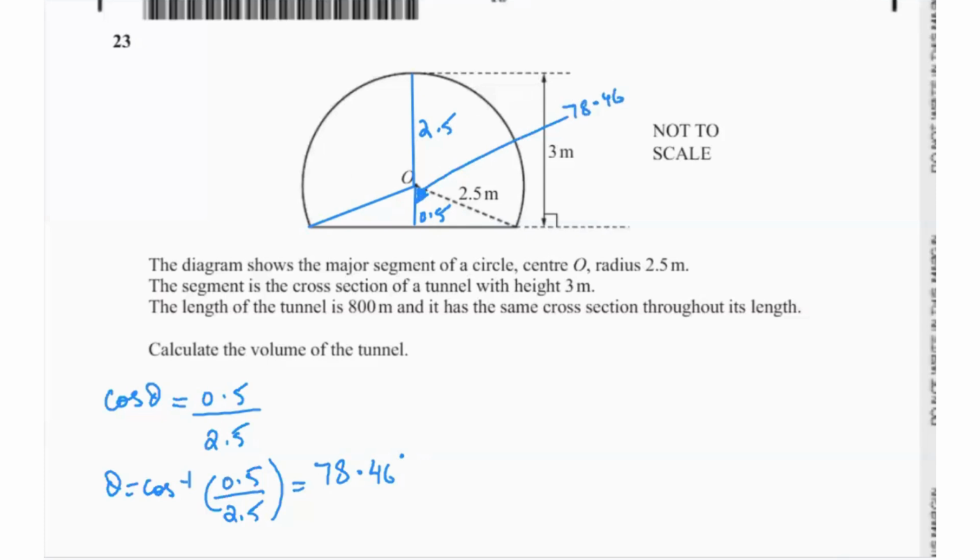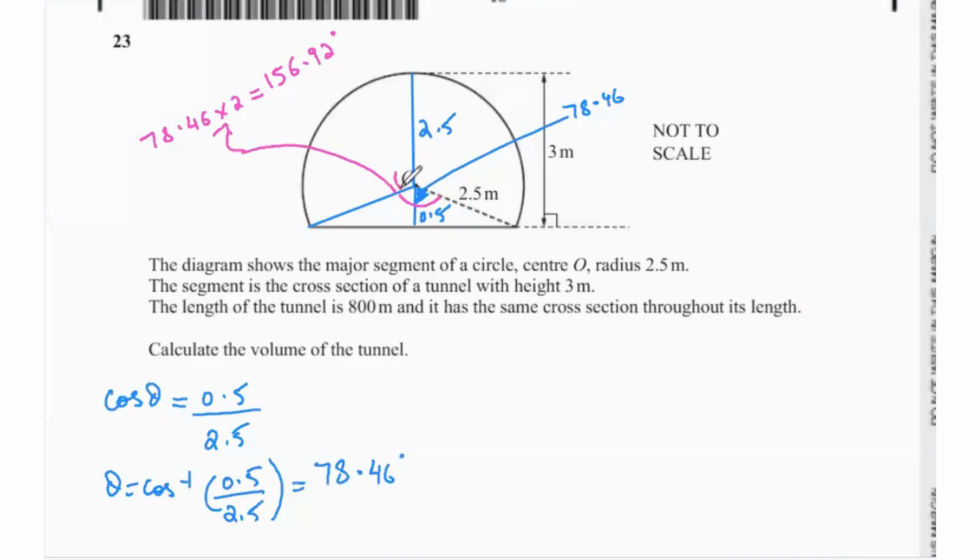So the complete angle would be 78.46 times 2, which is 156.92 degrees.